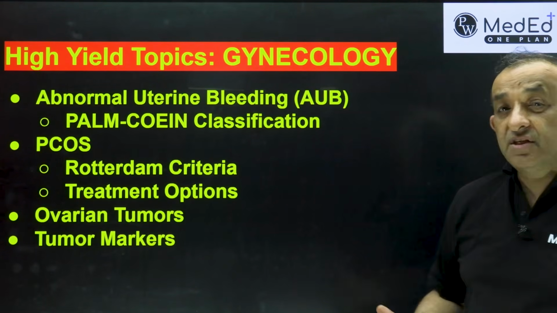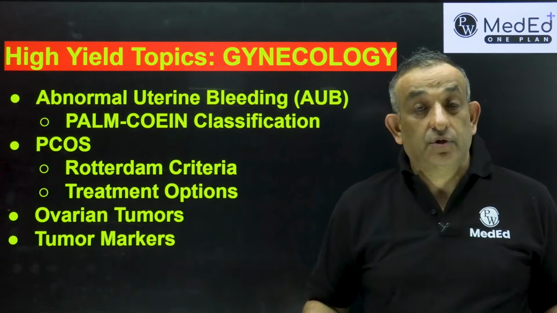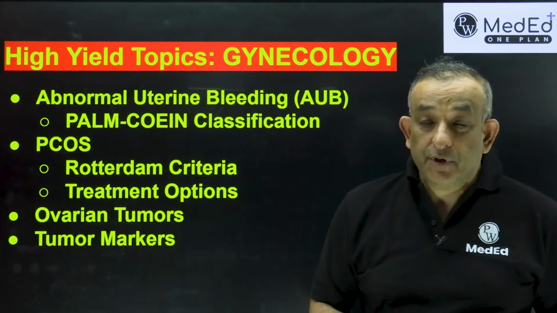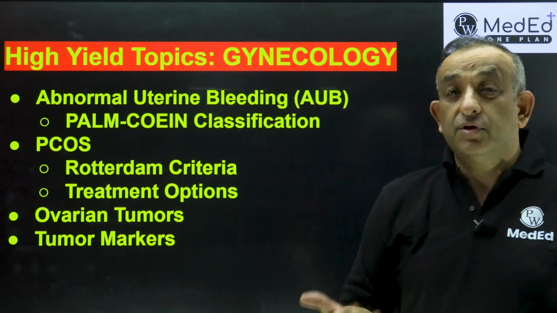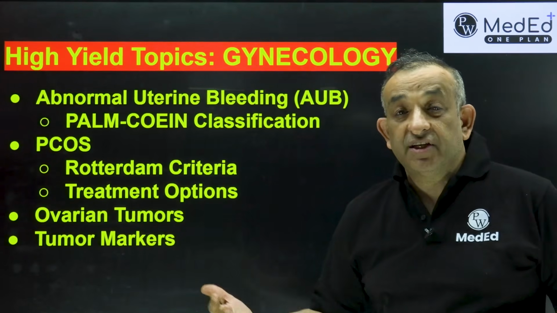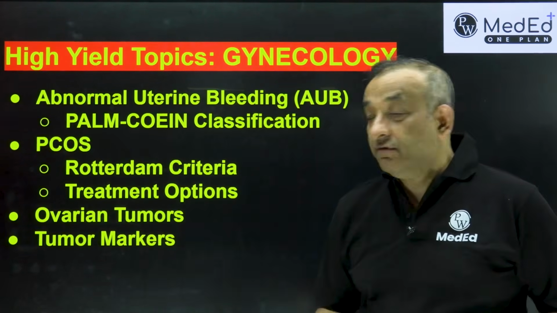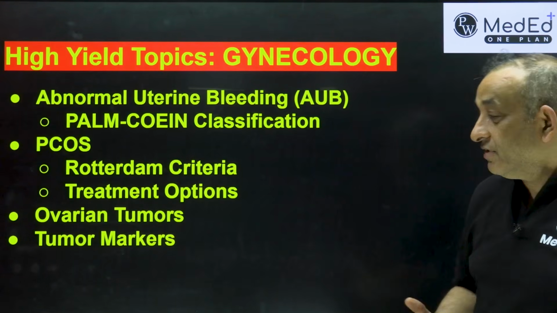And then the treatment options. Remember, there's no one drug of choice for PCOS. You must treat the particular symptom with which the woman has come to you. So for the irregular cycles, you must give COCPs. For the purpose of ovulation induction, the drug of choice is letrozole, like that. There is no one drug of choice for PCOS or PMOS, like we are saying it now.